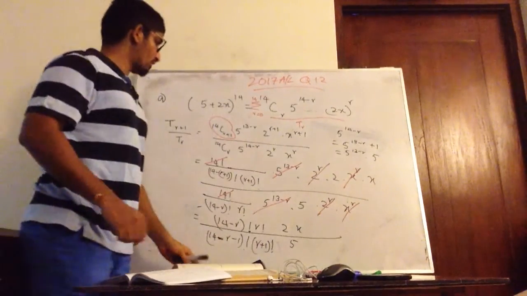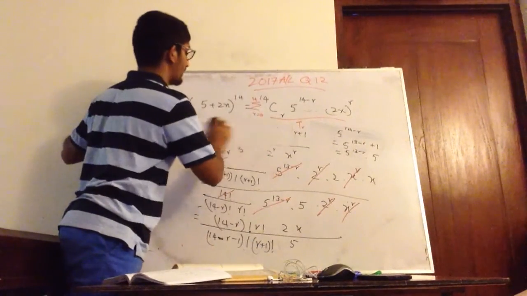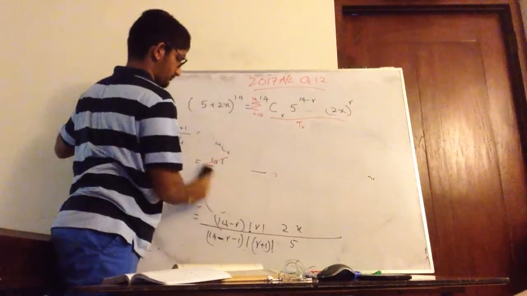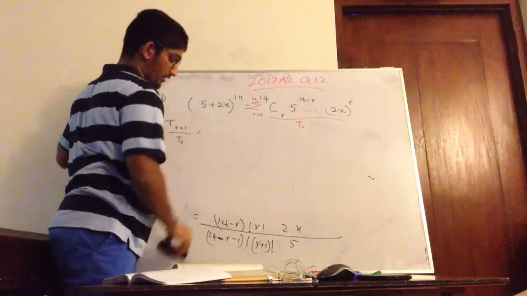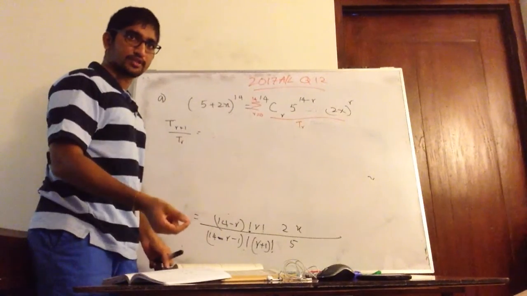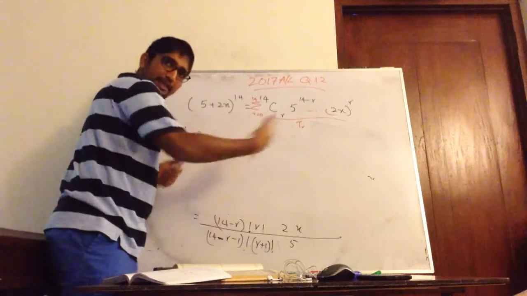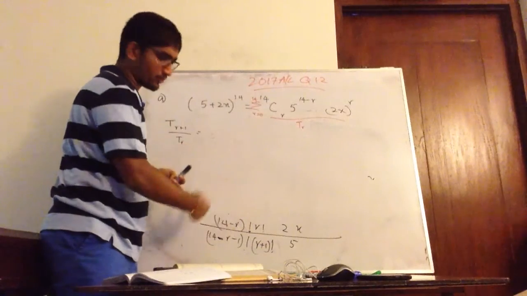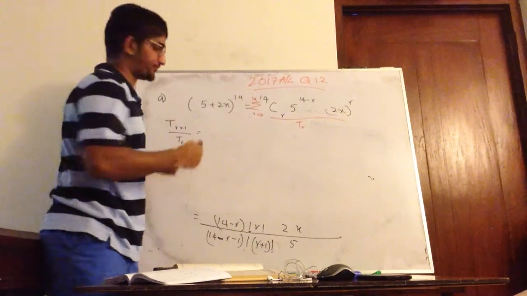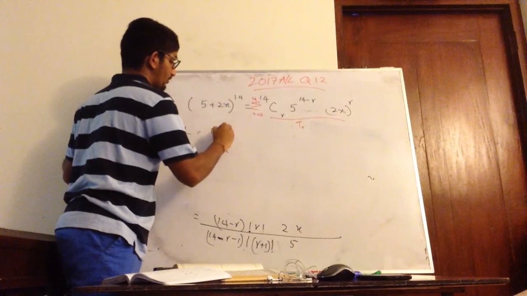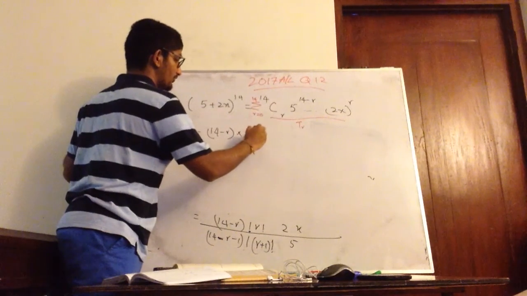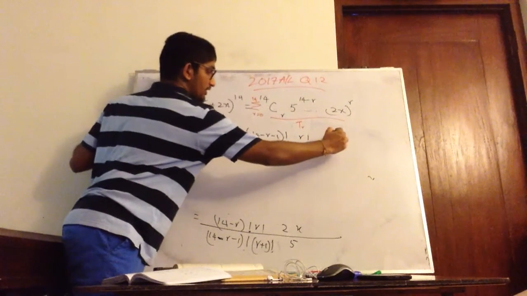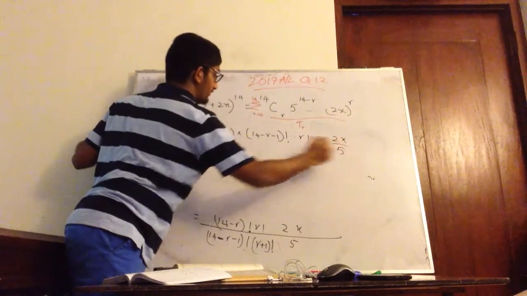So now let's see what we can find out here. 14 minus r factorial can be written as the previous one of this, and that is 14 minus r minus 1 factorial into 14 minus r. That is 14 minus r times 14 minus r minus 1 factorial into r factorial, 2x over 5.